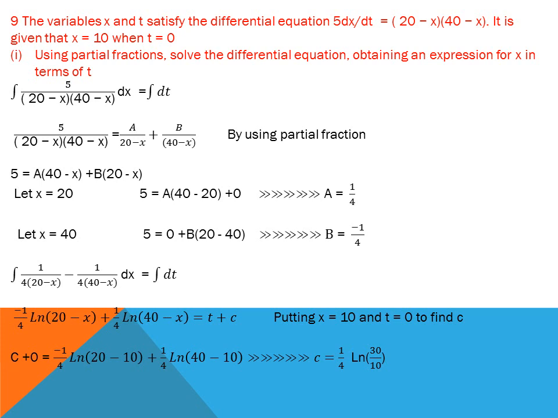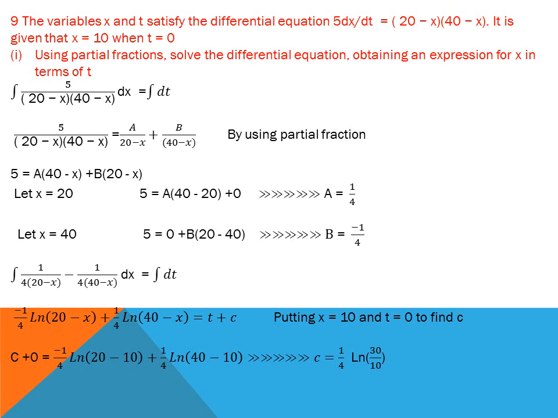So multiply by (20 minus x) into (40 minus x) on both sides. We get 5 is equal to a into (40 minus x) plus b into (20 minus x). Let x is equal to 20. You can also take value x is equal to 40 here, but I take value x is equal to 20. When I put value of x is equal to 20, I get that 5 is equal to a into (40 minus 20) plus 0, because 20 minus 20 is 0. So a is equal to 1 by 4.